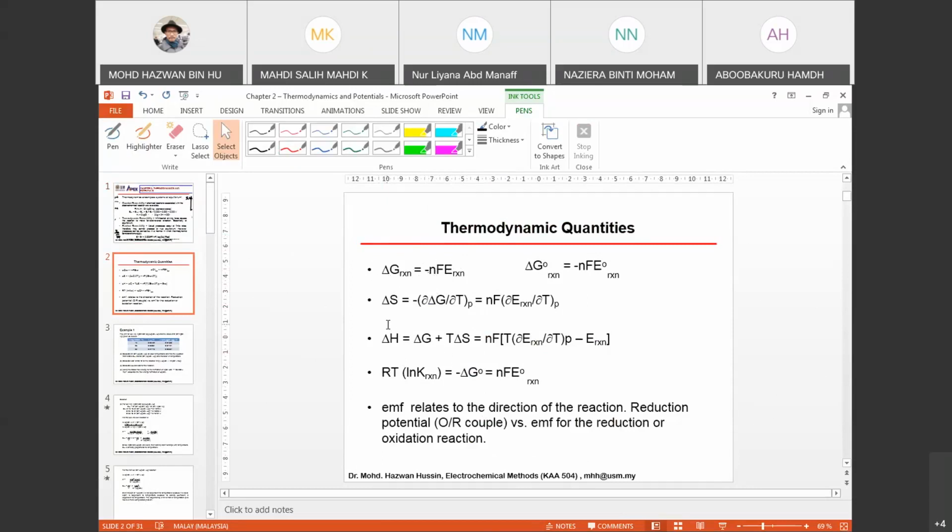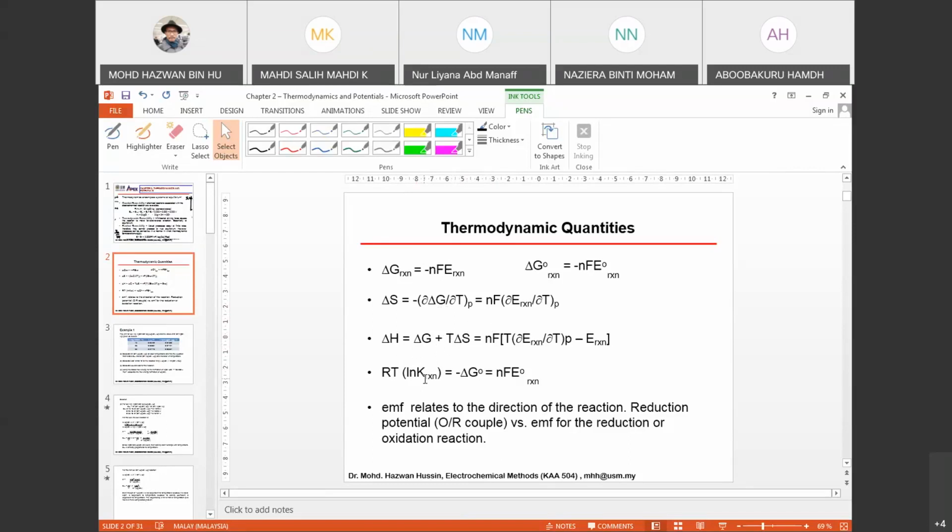You can also calculate delta S. Delta S is the entropy, which is equal to the change of delta G over the change of temperature at constant pressure. And then you can also calculate delta H using the Van't Hoff equation, in which delta H is equal to delta G plus T delta S, temperature multiplied by the change of entropy.